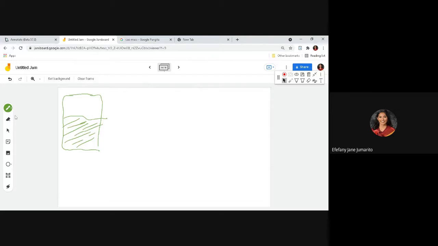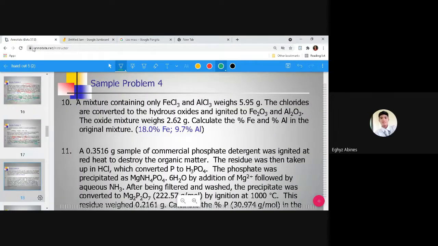We have unsay naa diri class? Chlorine. Okay, unsay basa ning FeCl3? Iron chloride. Iron chloride. But Ferrofluoride, kana pong check class, wa pud ko kabalo.